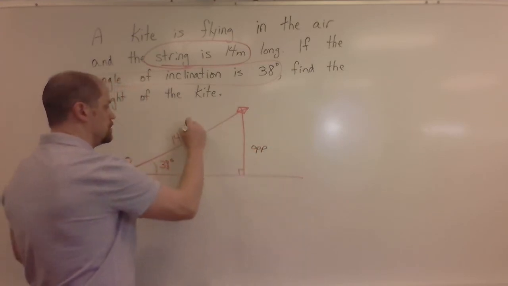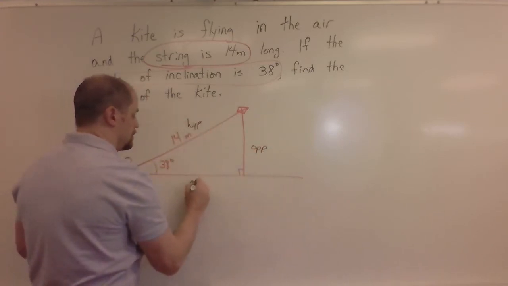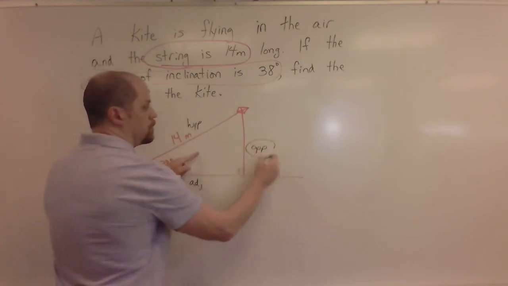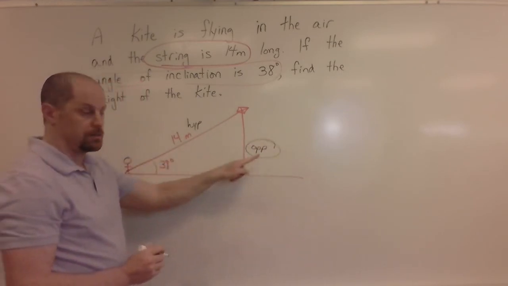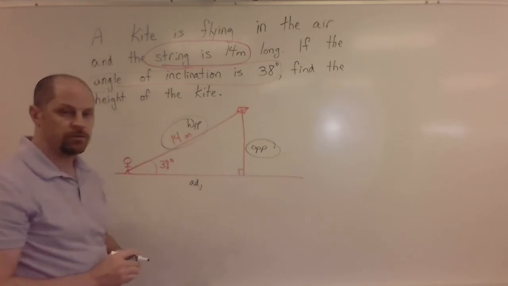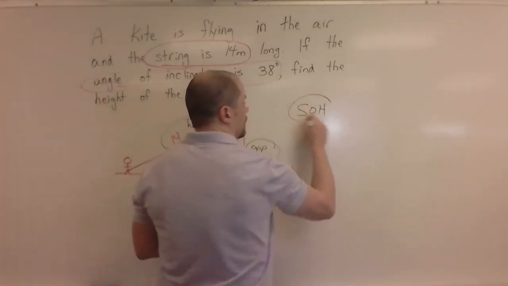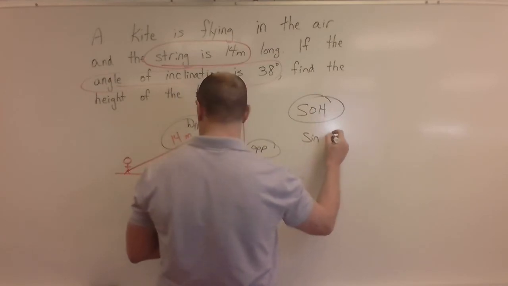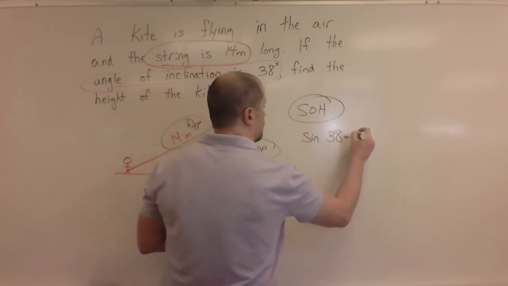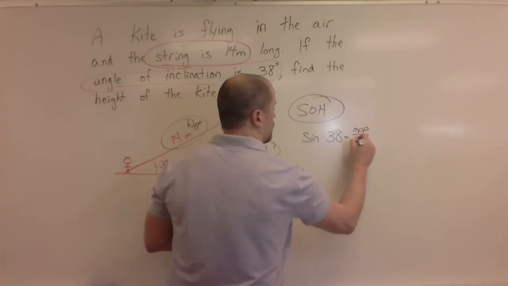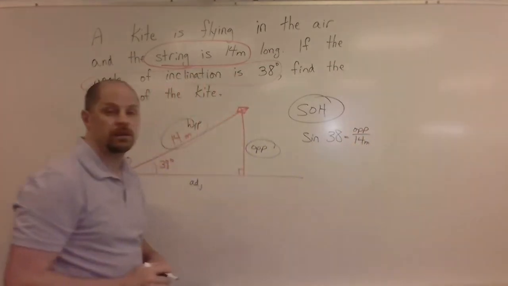Opposite is across. And we want to know the opposite. We want to know the height. And we have the hypotenuse. So right away we think sine. Fill in the numbers.